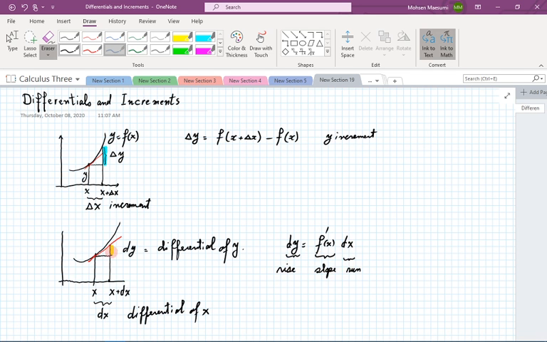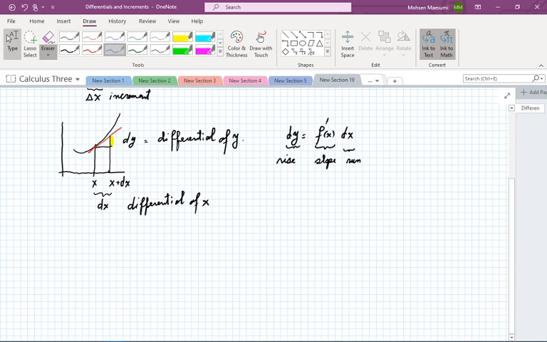We are saying this yellow piece is an approximation for that blue piece. So if I want to calculate delta y, it is approximately the same as dy. The approximation gets better if delta x shrinks toward 0. So again, let's remember, this one is referred to as increment of y. This is a differential of y, and the connection between differential and the increment or differential of x is through this formula.